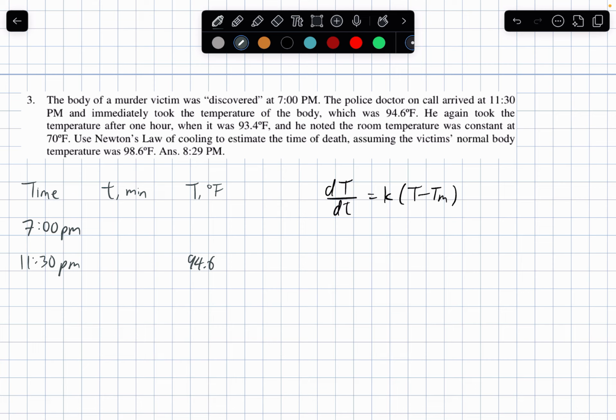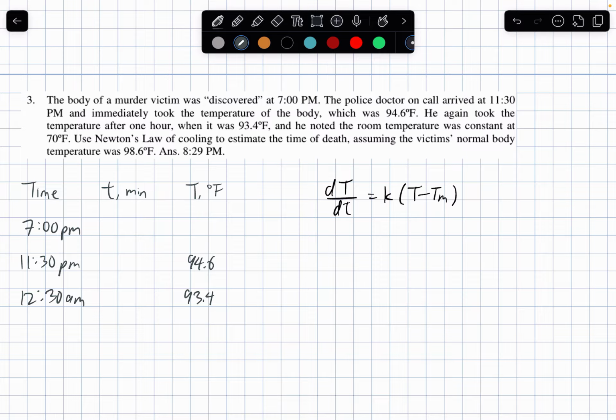After 1 hour, 1 hour after 11:30, that's 12:30. This has got to be AM already. The temperature was 93.4.